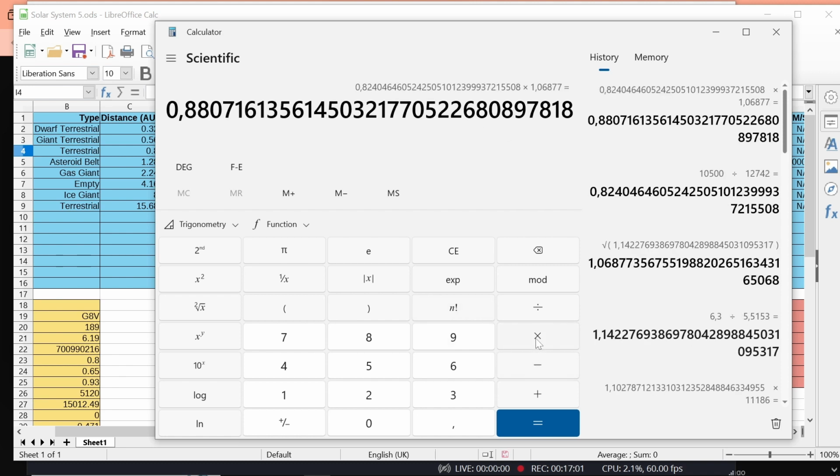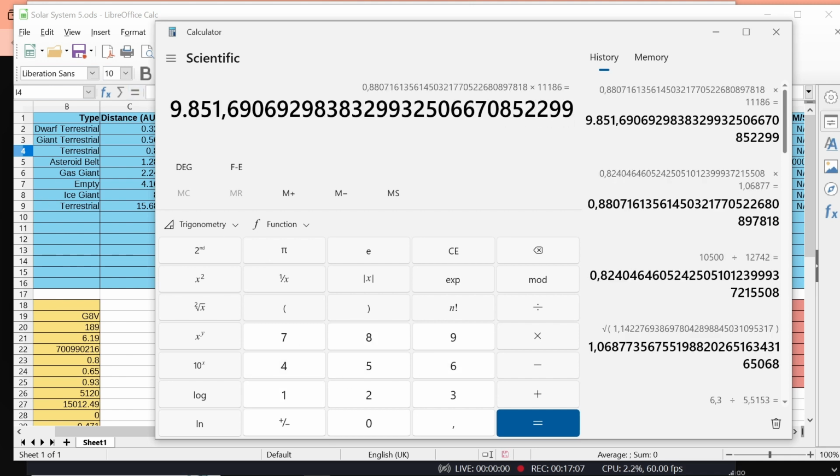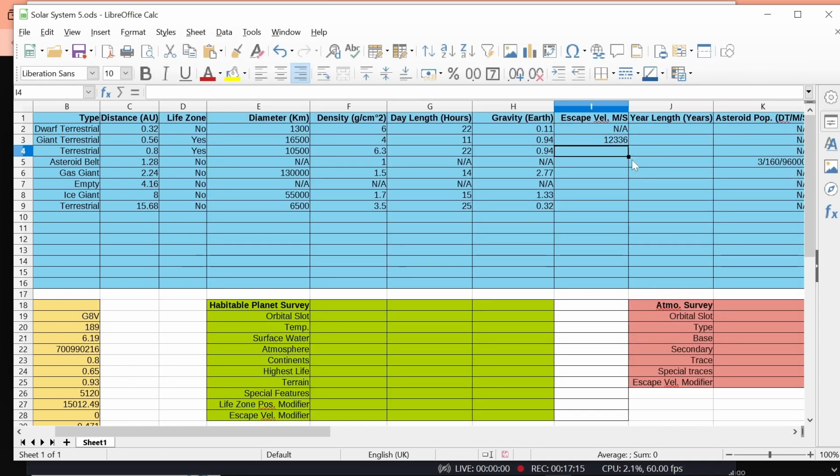And we take this number and multiply that by 11186, giving us, no, it's not even close to the same escape velocity, 9851.6. I'll write 9852.